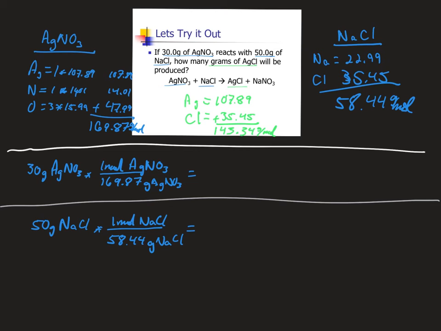And so now I can do some calculations. I'm going to say 856 moles sodium chloride, and then 30 divided by 169.87 gives me 0.177 moles of silver nitrate. Silver nitrate.